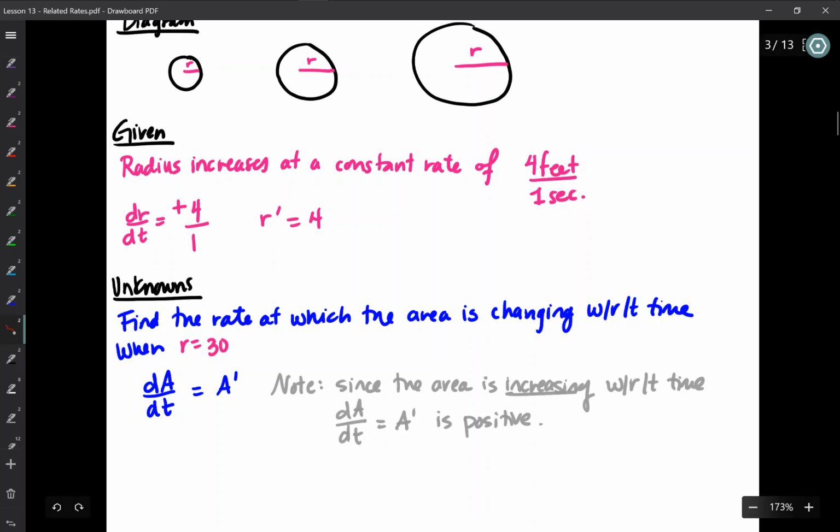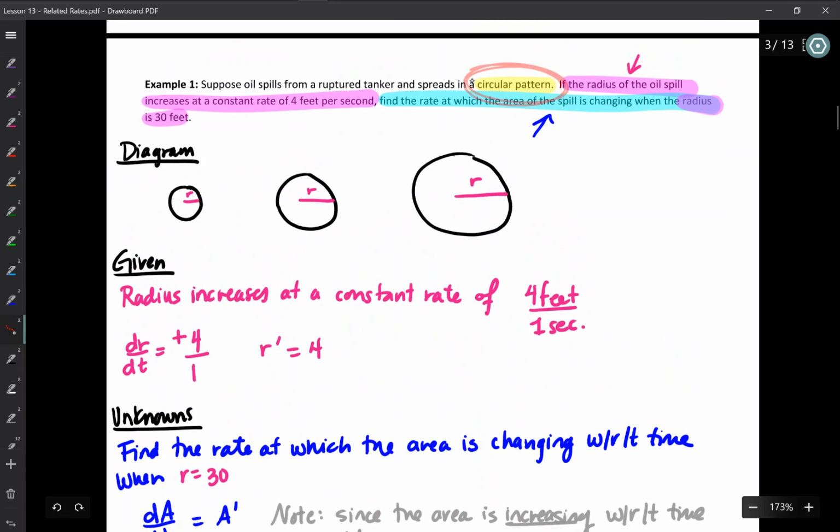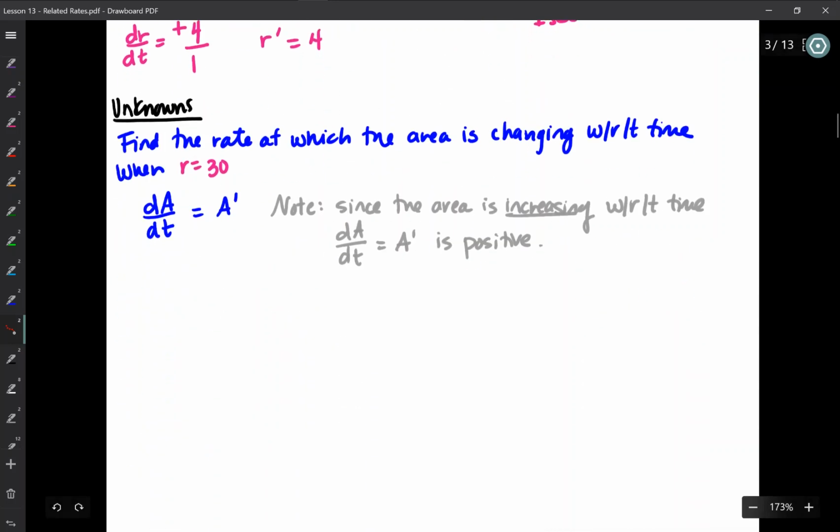So I want to ask myself, how is the area of this oil spill related to the radius of this oil spill? Well, we know, since it's a circular pattern, the area of a circle is pi r squared, not 2 pi r. You live in an apartment or a house with square feet, right? The area of a circle is pi r squared. So let's go ahead and relate the variables.